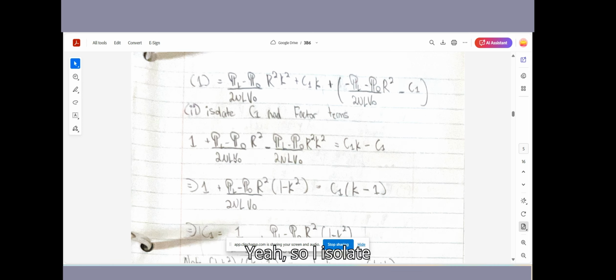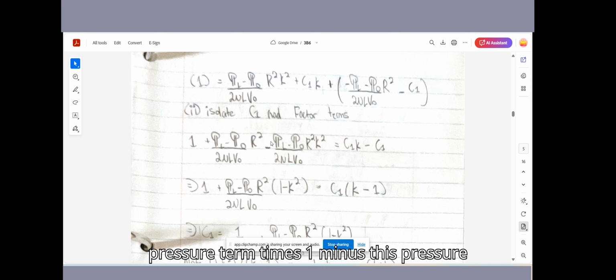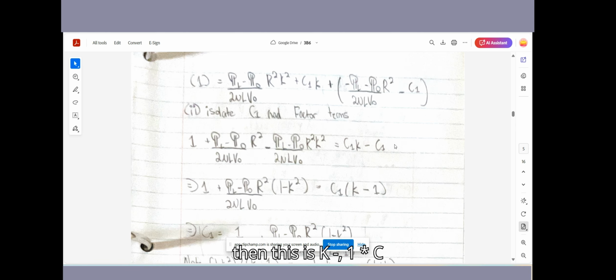Yeah, so I isolate C1 terms and these pressure terms, and factor out. This is this pressure term times 1 minus this pressure term times k squared. So it's 1 minus k squared, and then you have this extra 1. And then this is k minus 1 times C1.